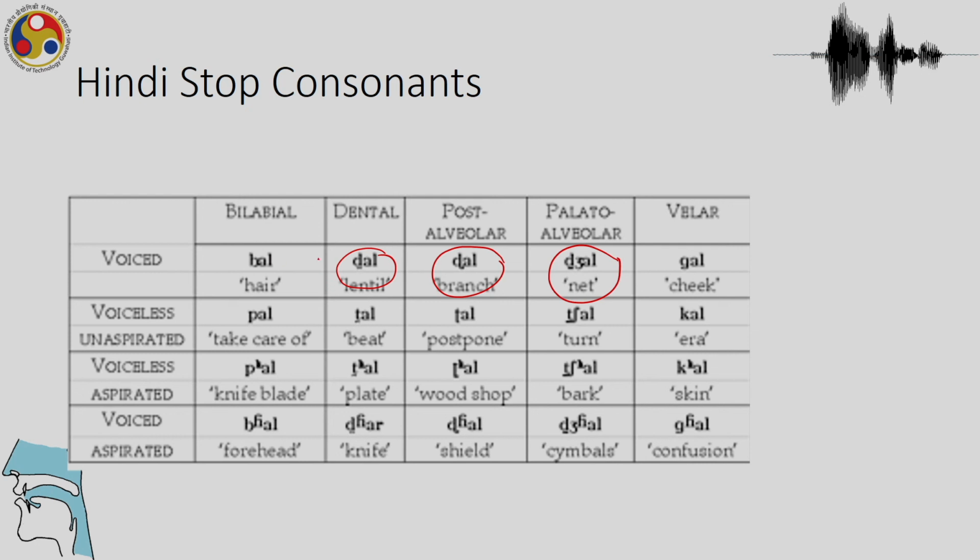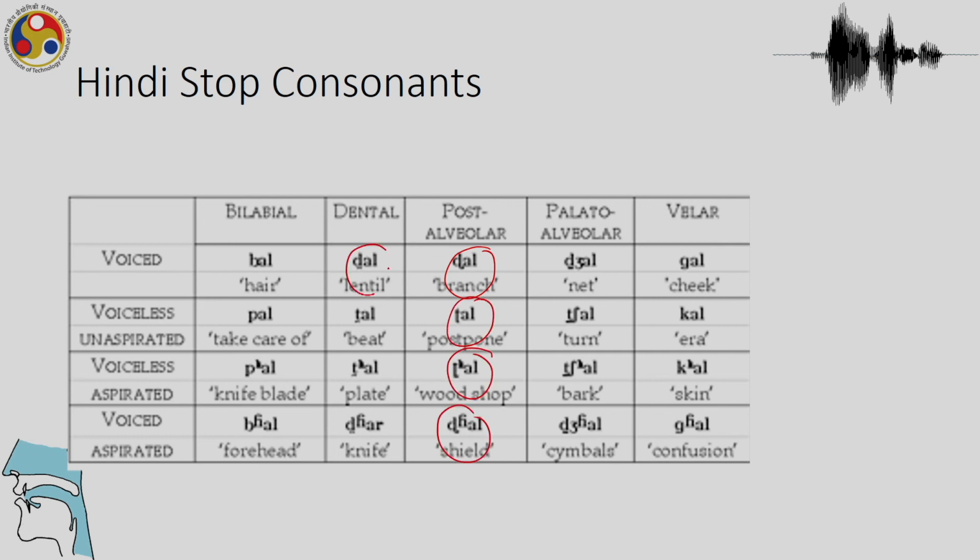So basically all these five places of articulation are possible, along with another complication, that of retroflex in the inventory of consonants. Hindi is well known for these distinctions, a four-way distinction along the line of dental and post-alveolar and palato-alveolar, where the post-alveolar series are all retroflex.